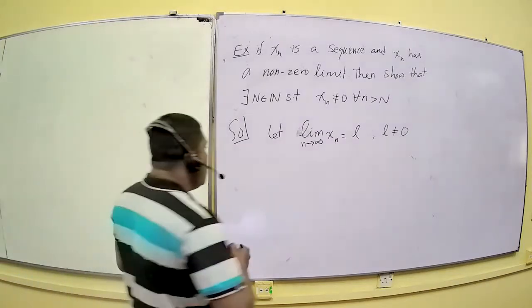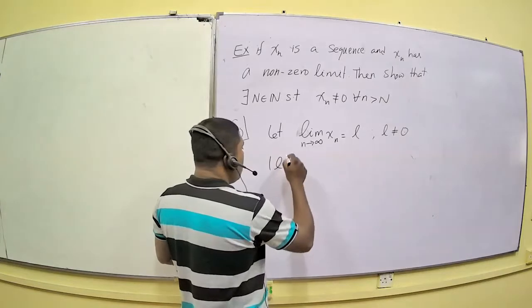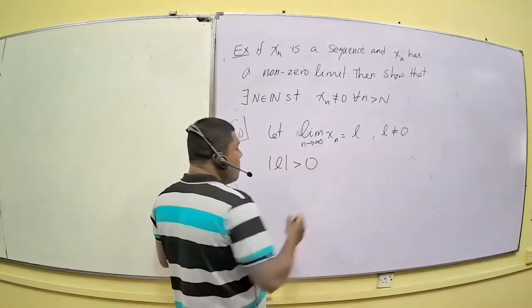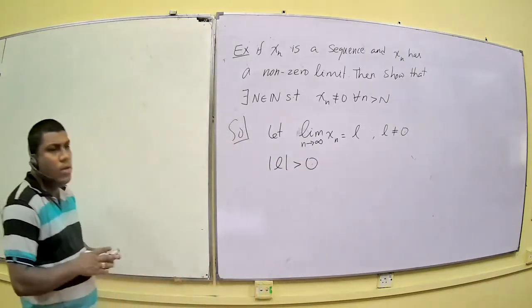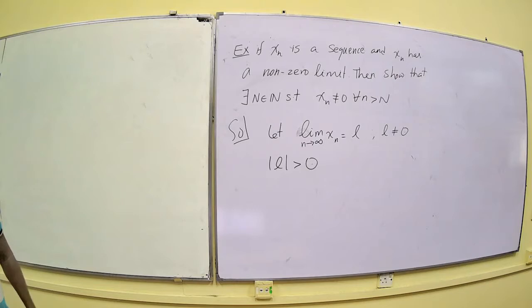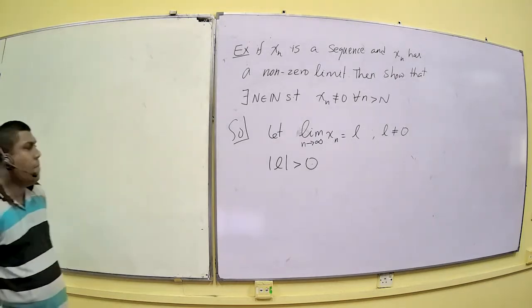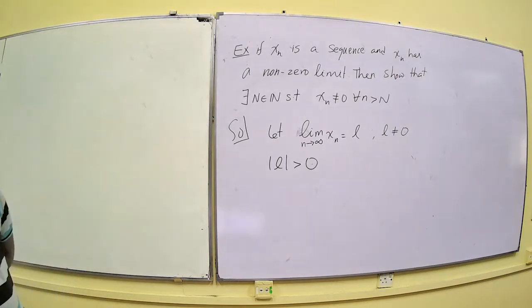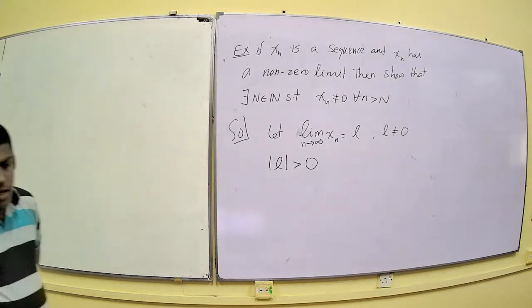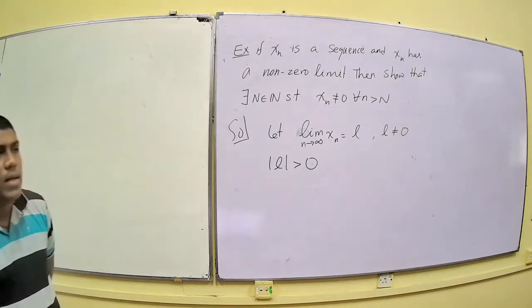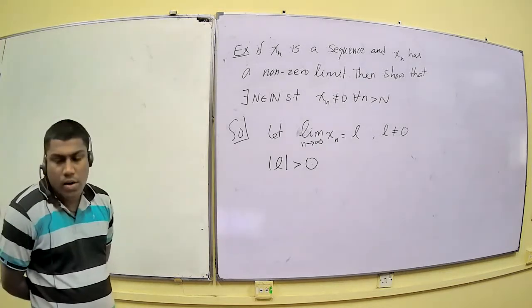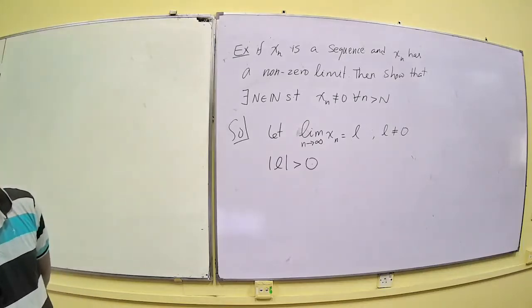Now, because L is non-zero, by the property of absolute value, which you studied earlier, you know that the absolute value of L is strictly bigger than 0, right?